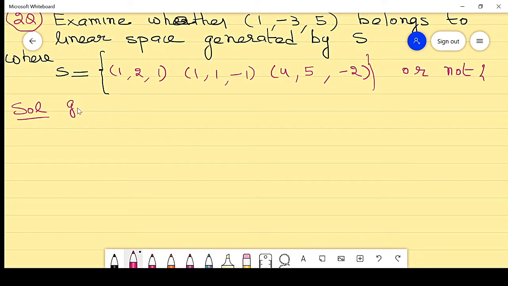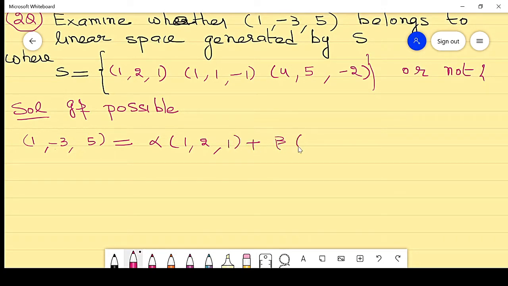Now, if possible, if this belongs to the linear space generated by S, then this vector 1, minus 3, 5 is a linear combination of alpha times 1, 2, 1 plus beta times 1, 1, minus 1 plus gamma times 4, 5 and minus 2.